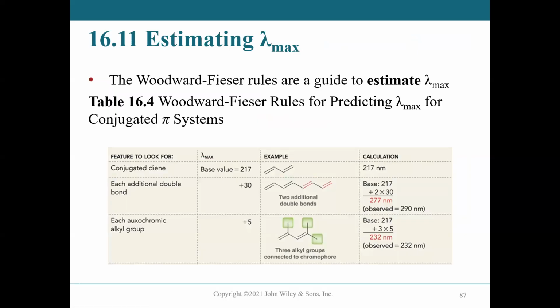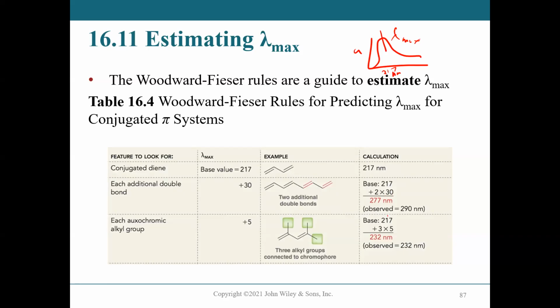The Woodward-Fieser rules are a guide to estimate the lambda max. And what do we mean by the lambda max? If we have our absorption and our wavelength, this would be in nanometers here. Here it might be the lambda max. So this one says the conjugated diene is around 217. Two additional ones, so multiply that 2 times 30.